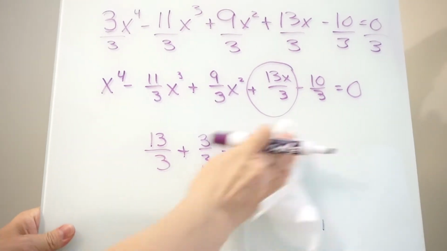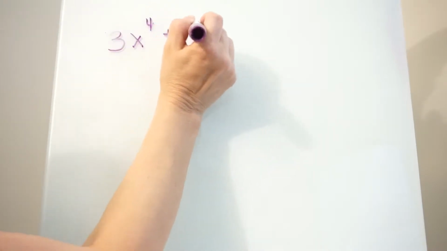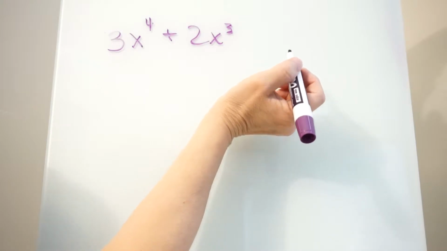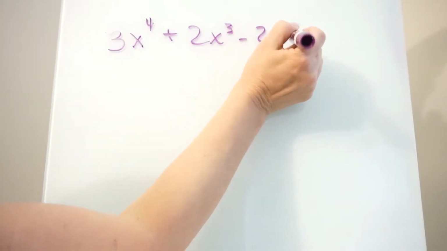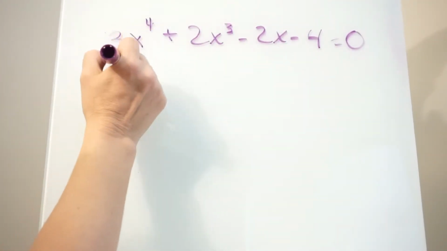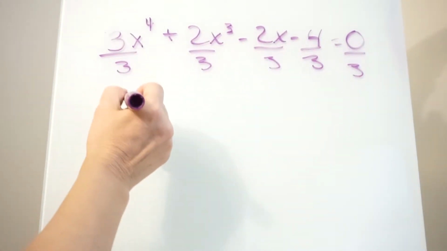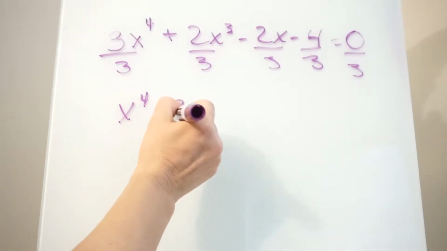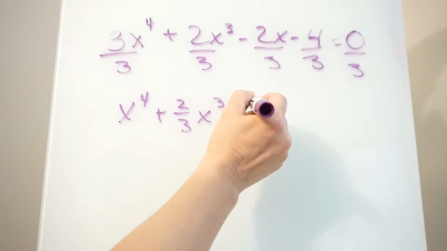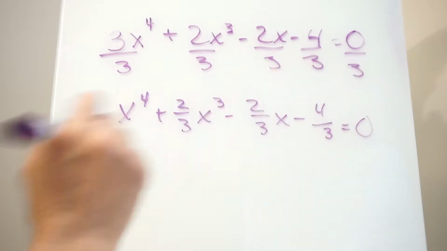The other equation that they give as an example of a normalized polynomial equation is 3x to the fourth plus 2x cubed minus 2x minus 4 equals 0. To normalize this polynomial equation, we just divide everything by 3. We get x to the fourth plus 2 thirds x cubed minus 2 thirds x minus 4 thirds equals 0.